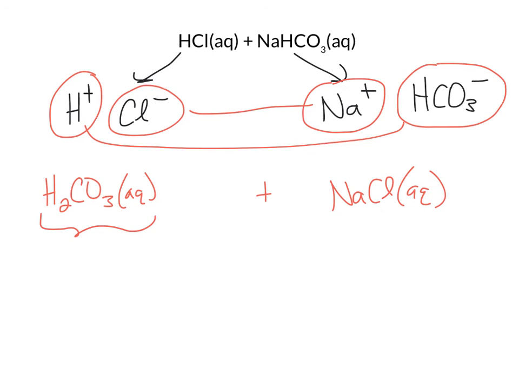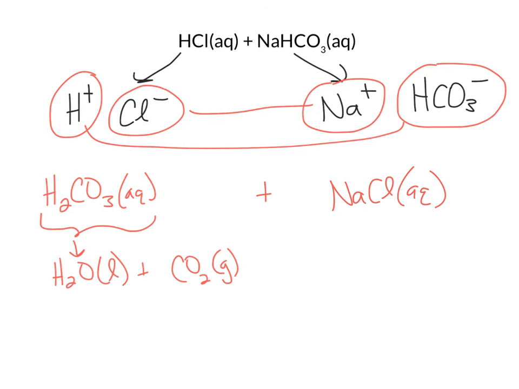So this carbonic acid is actually going to further react very quickly and form H2O and CO2. And so the H2O is a liquid and CO2 is a gas. So the H2CO3, or the carbonic acid, is kind of an intermediate product.